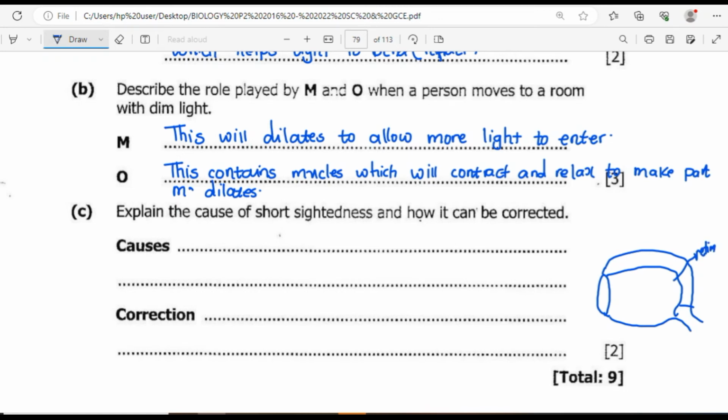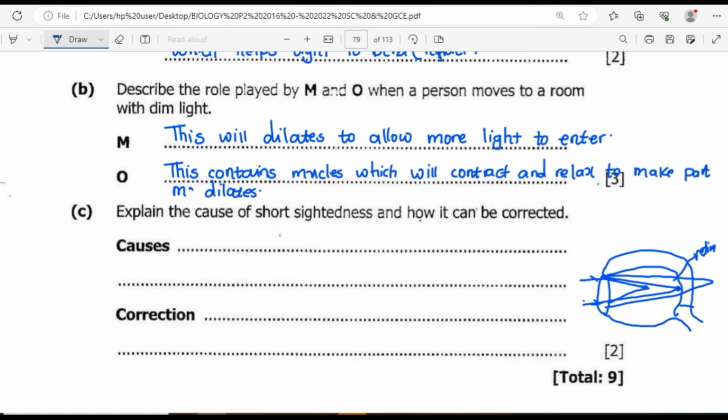If the rays of light are coming in this direction, in normal vision they have to meet at the retina so that we have a clear picture. Now what happens if these rays of light meet before the retina? Then we have short-sightedness, because in long-sightedness the rays of light meet beyond the retina. So before the retina we have short-sightedness.